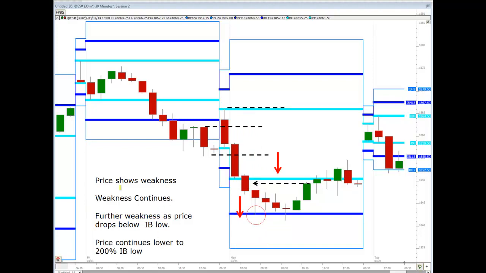Now, price continues lower to the IB low here, and we asked the question, could price continue lower to the 200% IB low down here? Of course it could, but it is safer to capture our profits when we're up here.